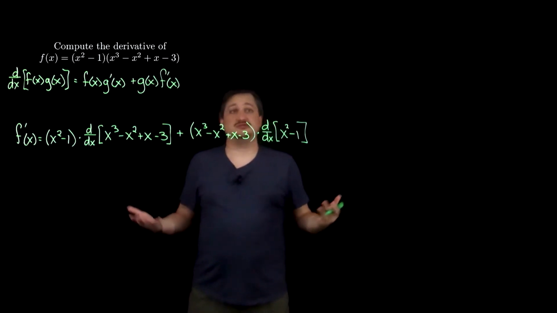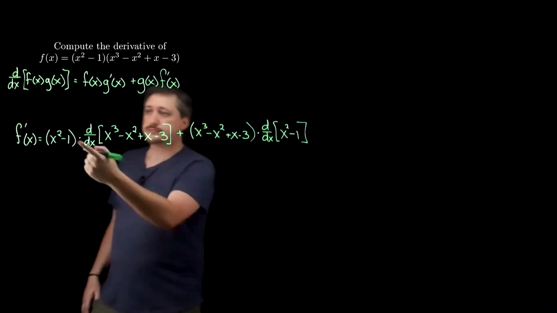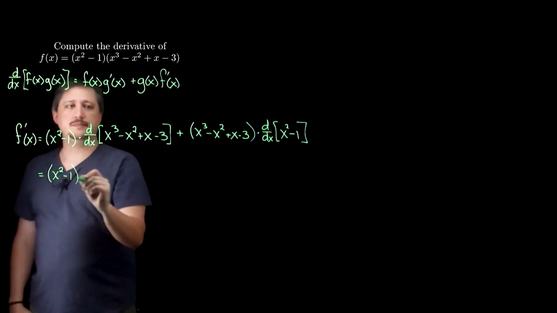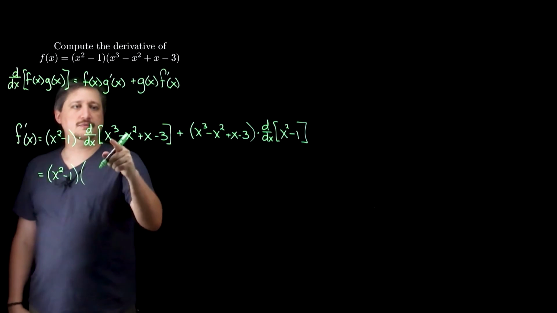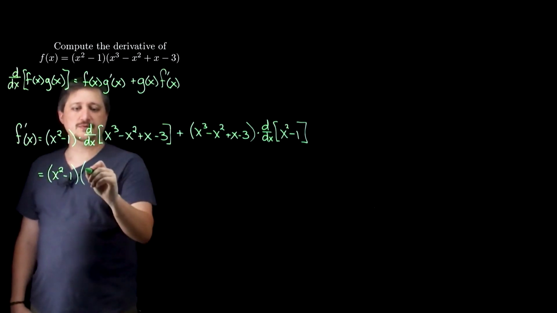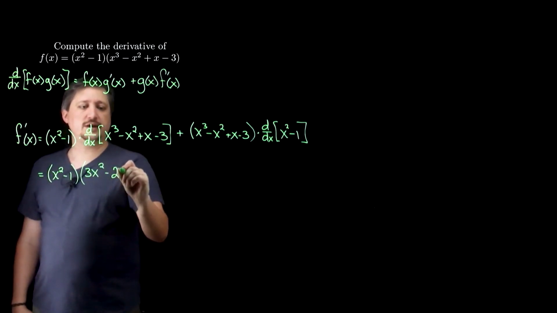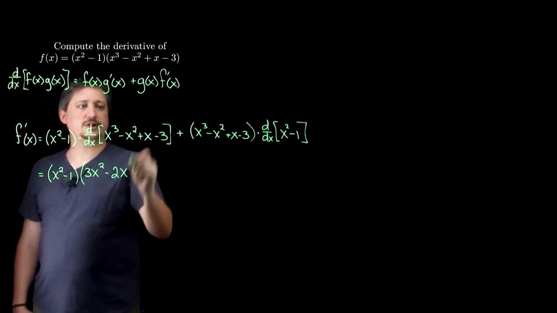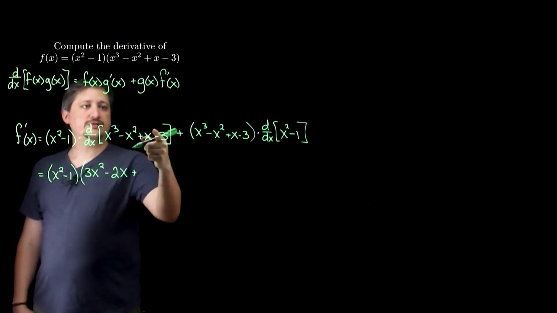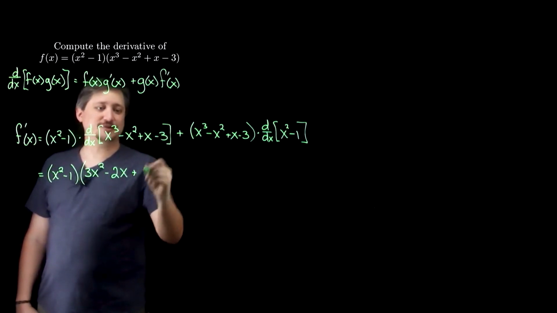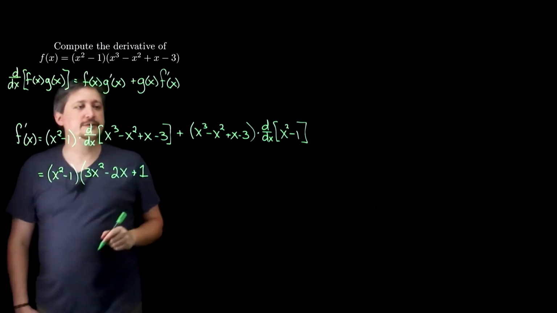So just go right through. This thing stays as is, so this is x squared minus 1. Here, remember, for a polynomial, we bring the power down and subtract 1. So I'm going to get 3x squared minus 2x to the 1, bringing that 2 down and subtracting 1, plus, this is a 1, I'm going to bring it down, which does nothing, and then subtract 1, so I get 1 times x to the 0, or just 1.